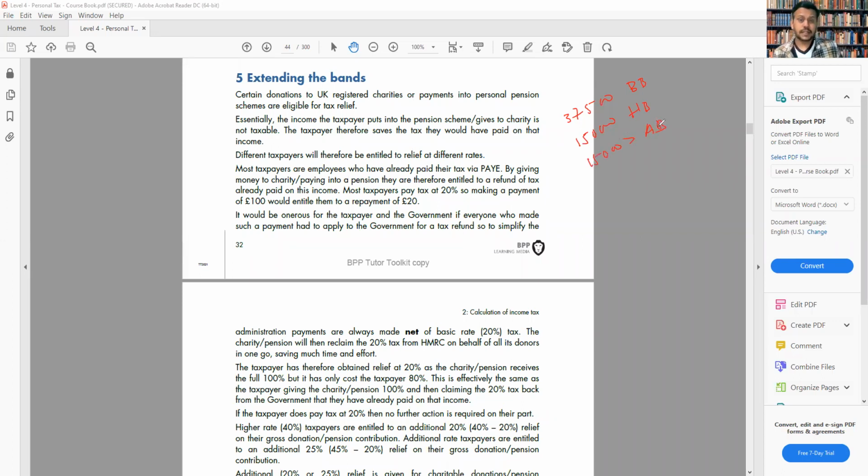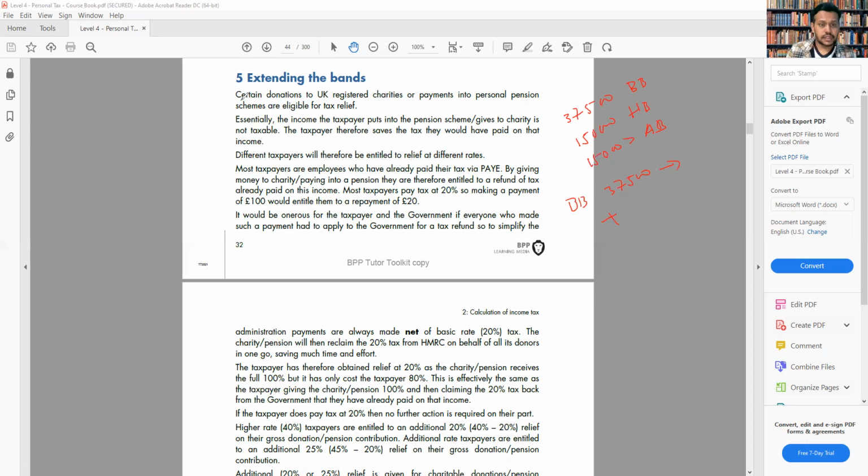Now, the question is that sometimes this band could be extended. For example, our basic band is 37,500, and it could be extended to more. That means more will be added, and the new or adjusted band will be more than 37,500 if there is a charity donation or a contribution to a personal pension scheme.